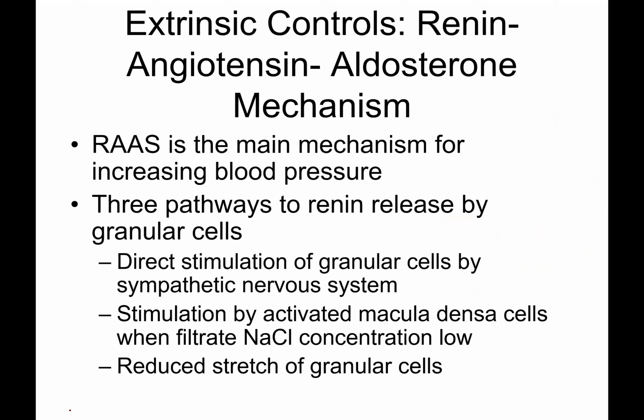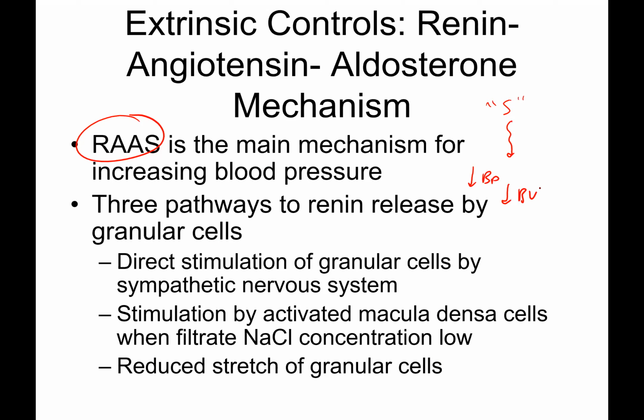The RAAS system is also there to increase your blood pressure. Now, keep in mind, if this is working in homeostasis, it's still part of normal. It can spin out of control, but typically the stimulus at the moment is low blood pressure, low blood volume, and you are typically going to find those together.